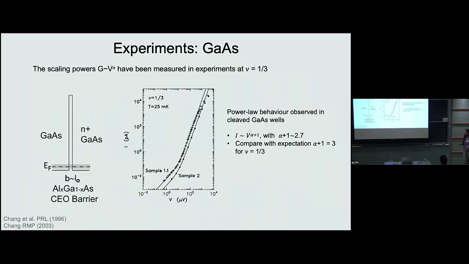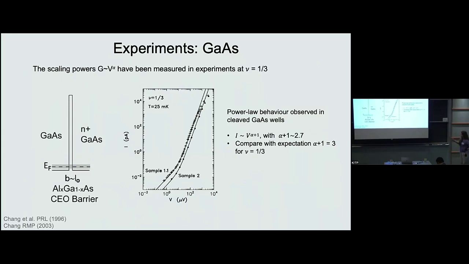Can such an experiment actually be performed? And the answer is yes. So back in the 90s on gallium arsenide, Chang et al. grew samples with some barrier, and from that they were able to find that the current had a power law form as a function of the bias that was being applied.